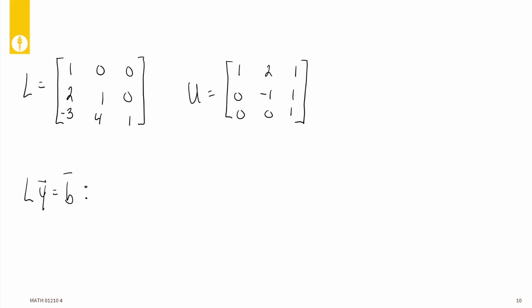We have to solve this equation for Y. Two ways to do it, right? You could do Y equals L inverse times B. Of course, the problem with that is you have to find what L inverse is. Or set it up.